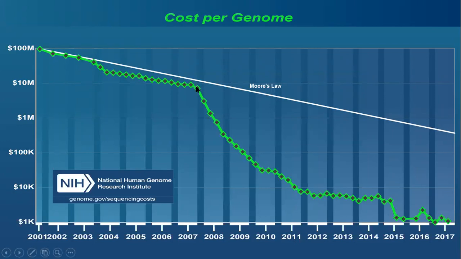But then you notice in 2007, the cost fell off a cliff and just plummeted, to the point now, and this was last updated a couple of years ago, that it had more or less reached the baseline of the $1,000 genome, which many people viewed as the holy grail.